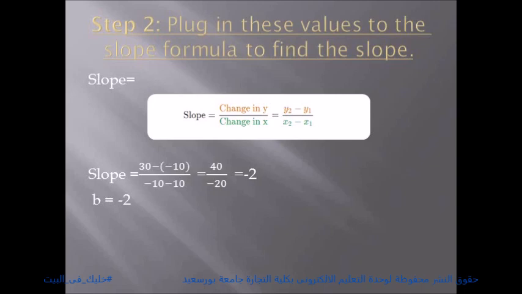So the slope equals 30 minus minus 10, divided by minus 10 minus 10, equals 40 divided by minus 20, equals minus 2. So b, the value of the slope, equals minus 2. We will take this value and substitute it in the equation.